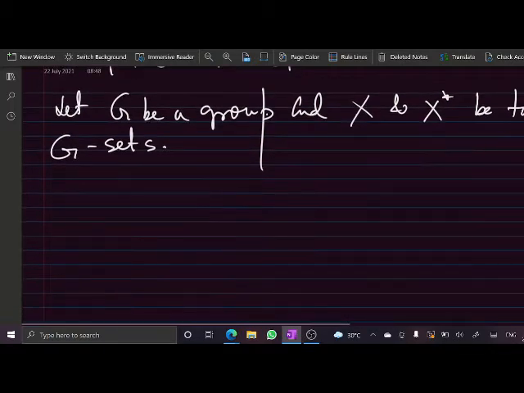So we are going to define some analogous notion of the word the same for G sets.